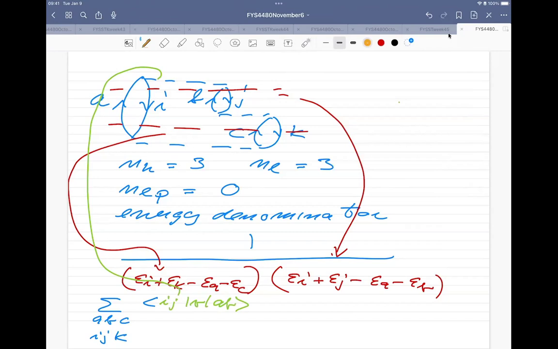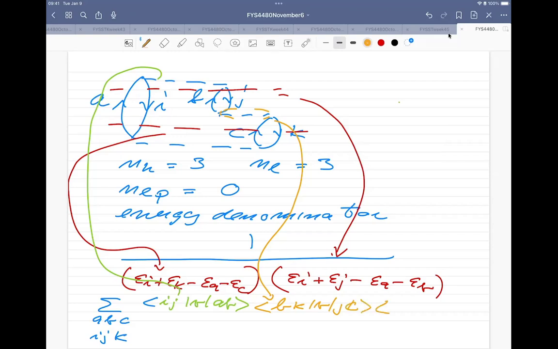If we take the next interaction vertex, which is this one, that would give us a sum over A, B, and then I have a K, and then V, J, and C coming in.